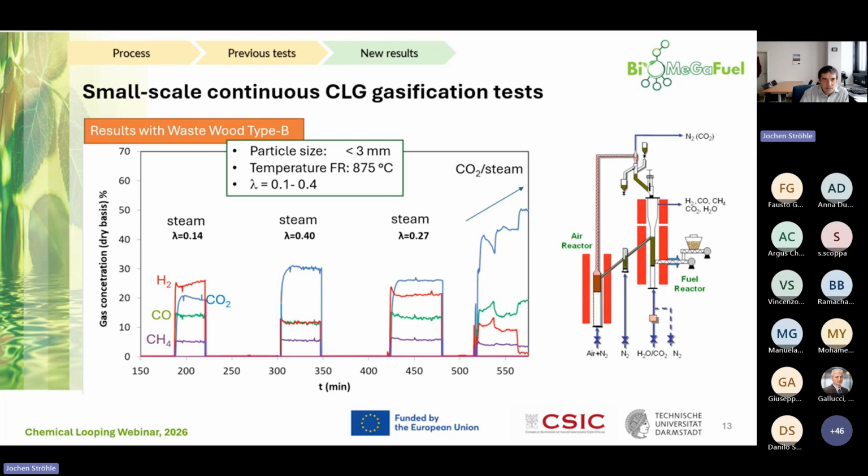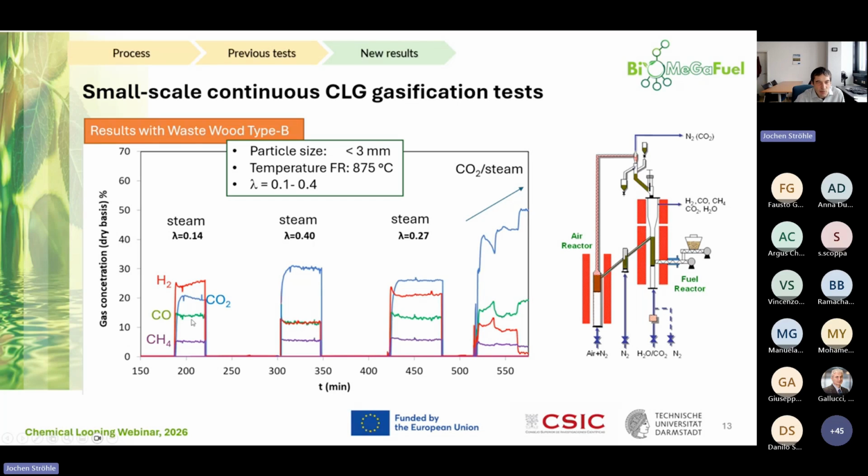That's why we have done some tests at a small scale. These have been done at CSIC in Spain, as an example with wastewood type B. There have been some variations in the lambda, the oxygen excess: a very low lambda, high lambda, and intermediate lambda, and we can see the same as we have seen before.